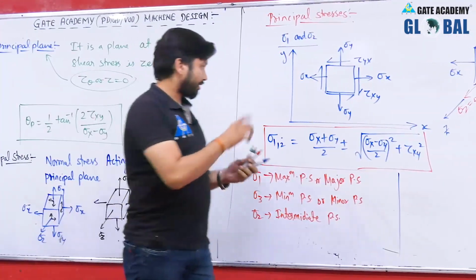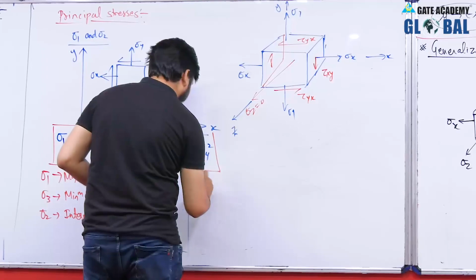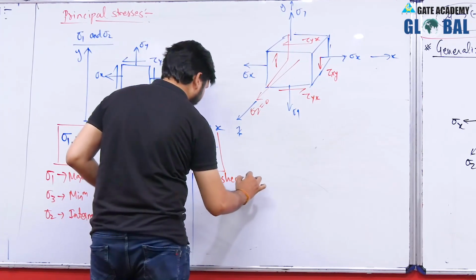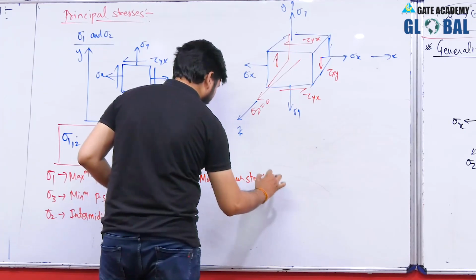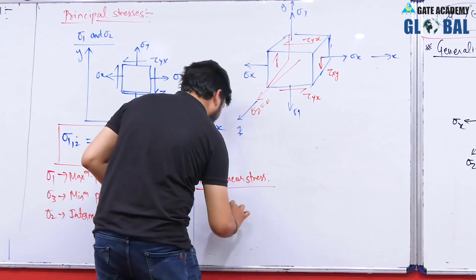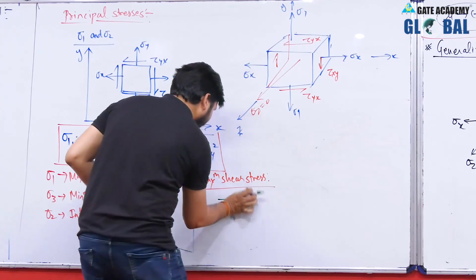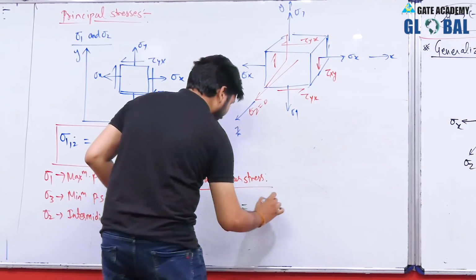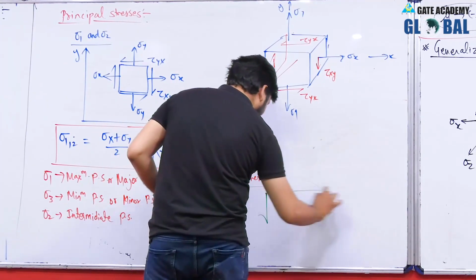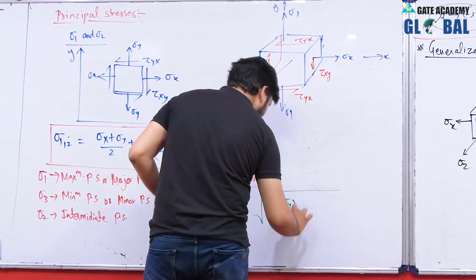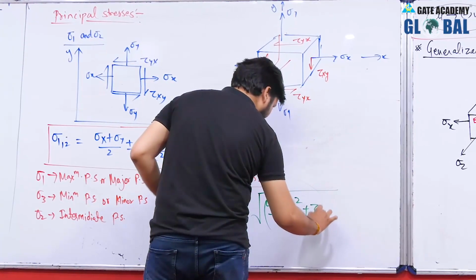And if this is the state of stress, then you can write down the formula for the maximum shear stress in xy plane. So, maximum shear stress in this particular plane will be tau max is equal to root over ((sigma x minus sigma y) by 2) whole square plus tau xy square.